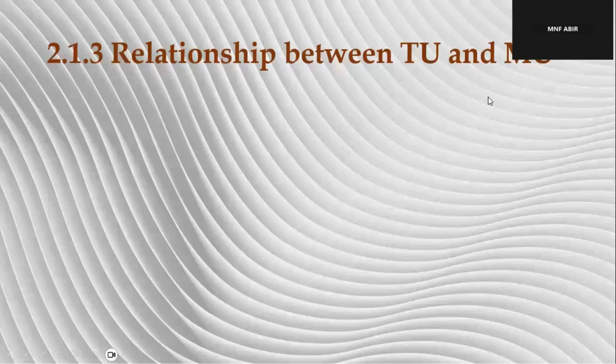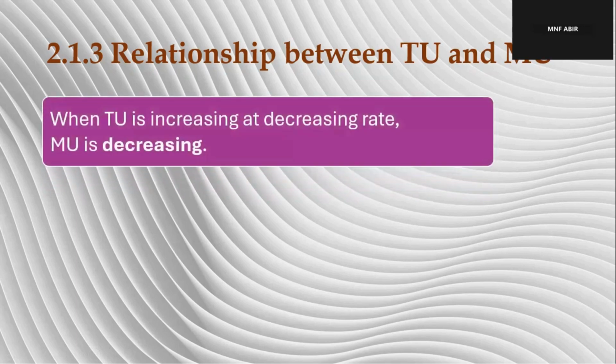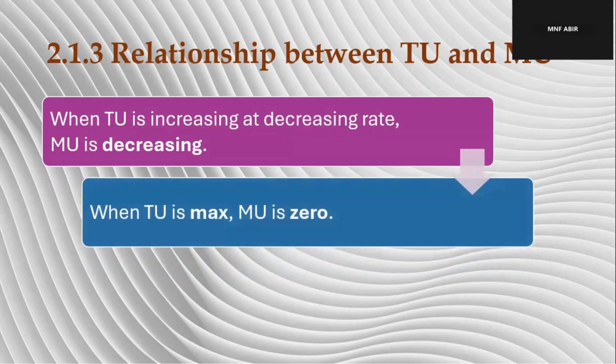Now, let's talk about the relationship between them. There is an important relationship between total utility and marginal utility. The first one is, as long as marginal utility is positive, total utility will continue to increase. And when marginal utility falls to 0, total utility reaches its maximum point.